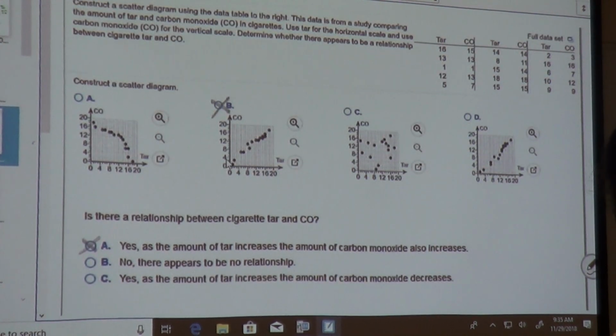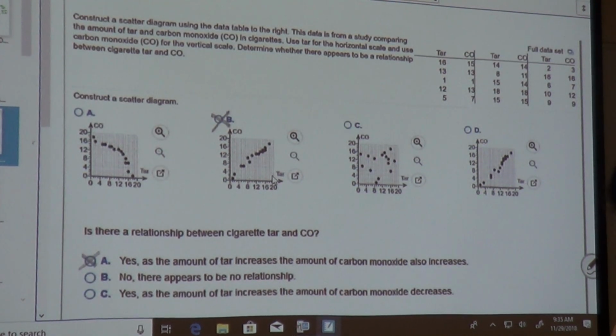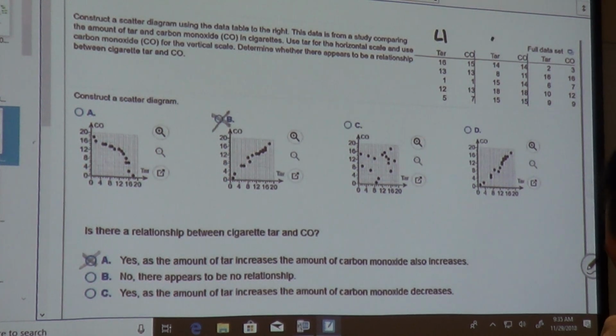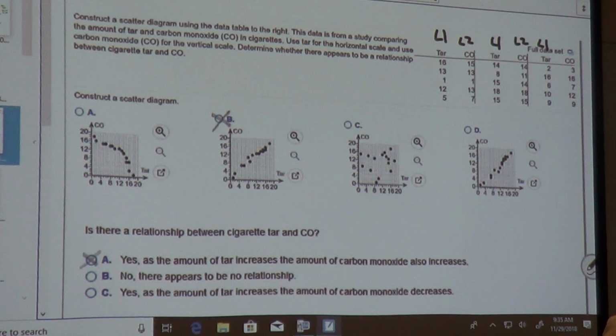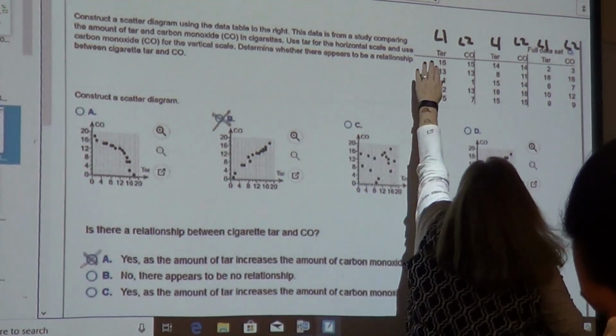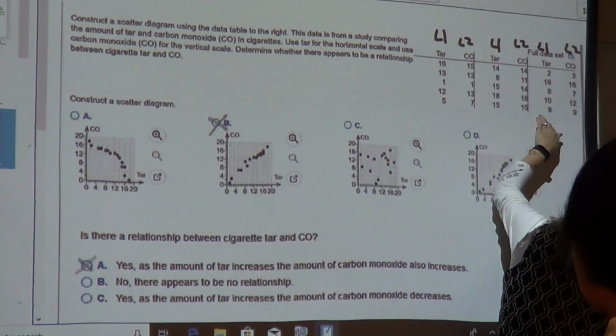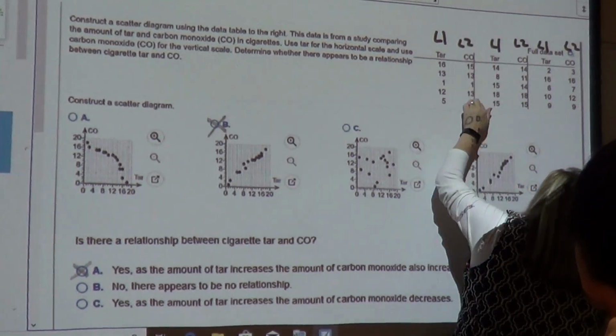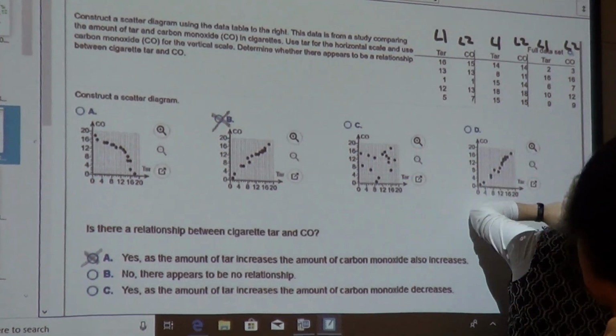Here's another one very similar. This time for your data, your L1 is in 3 columns and your L2 is in 3 columns. So you would list L1, L1, L1 all in one column, and then L2, L2, L2 all in the second column.